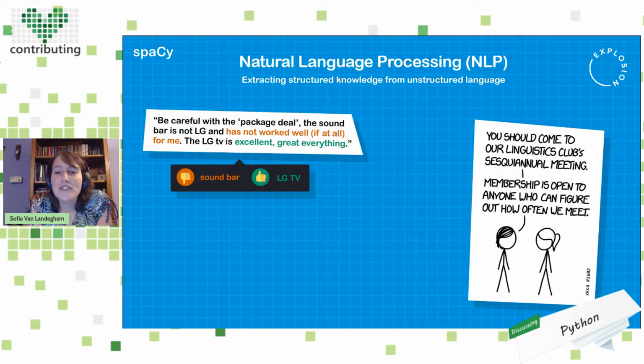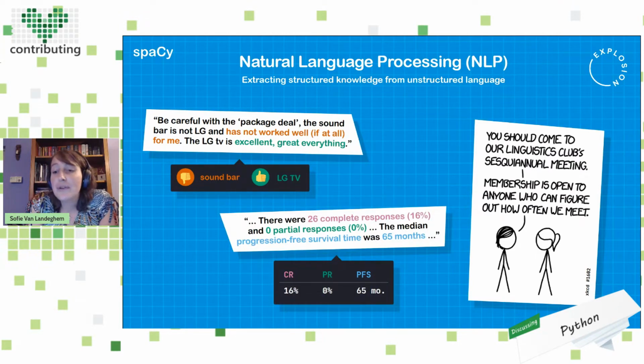This is called sentiment analysis. You typically want to find out what the things are. For instance, the soundbar, they're not so positive about, and the LG TV itself, they are positive about. These are the kinds of things you want to be able to pick up on, not just as a consumer, but also as a producer of this type of product, of course.